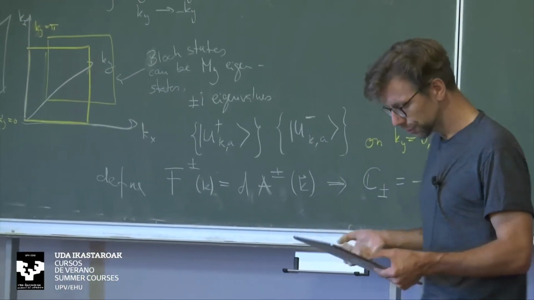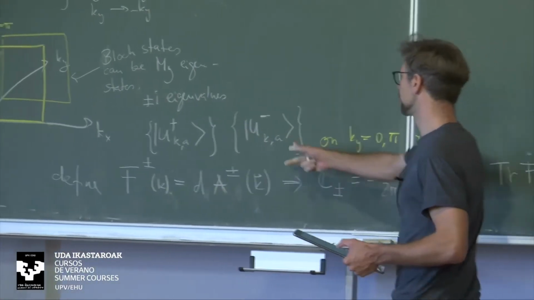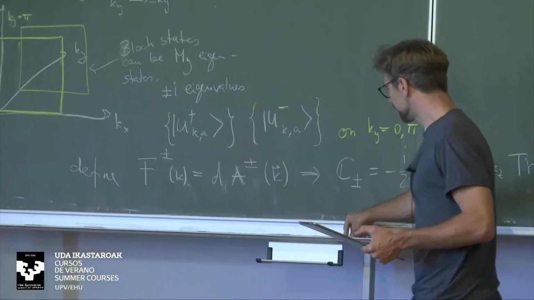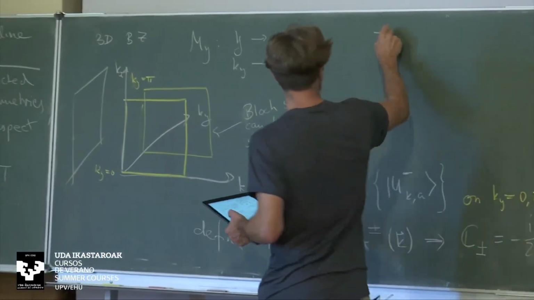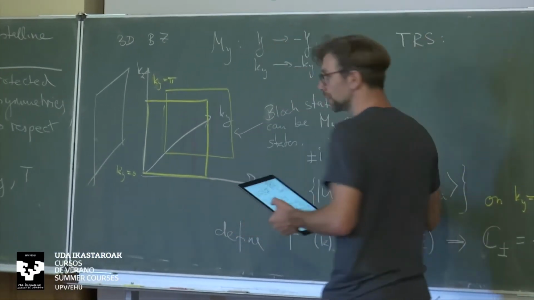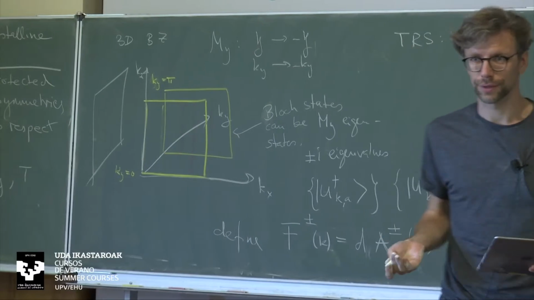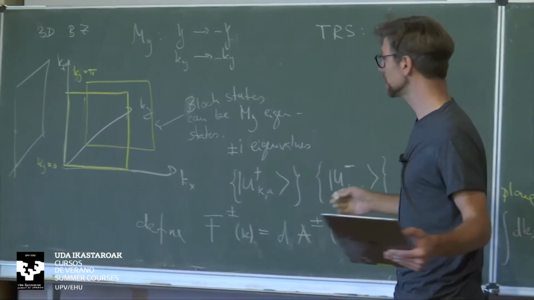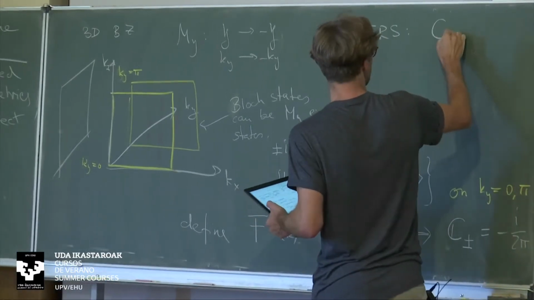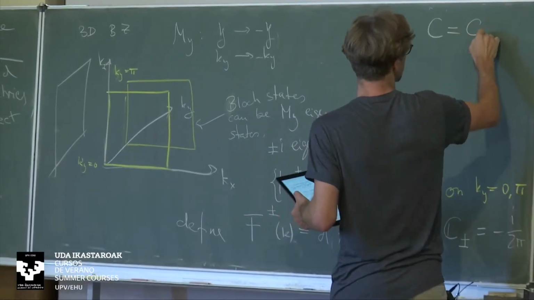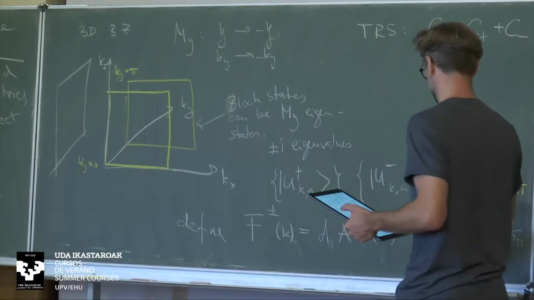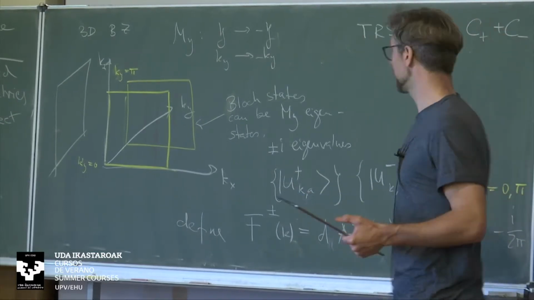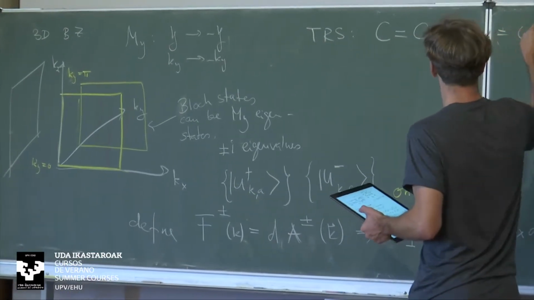And why do I need this grading to even talk about the Chern number? The reason is that because of time reversal symmetry, the total Chern number has to vanish. It's a time reversal symmetric plane. We would have a Hall effect if it wasn't vanishing, so that better not be the case. So C plus plus C minus, which would be the total Chern number, Joel told you that the Chern number is additive, has to be 0.